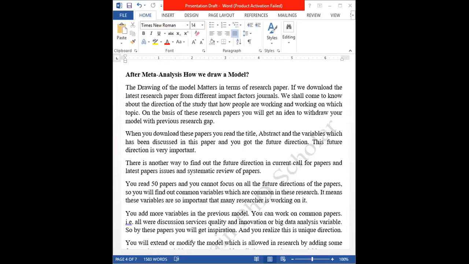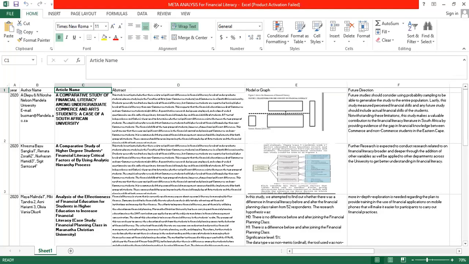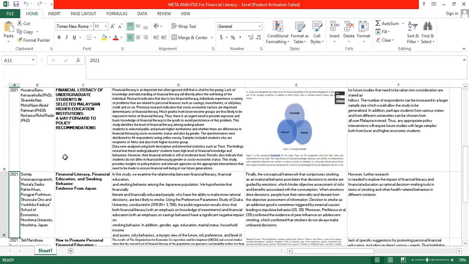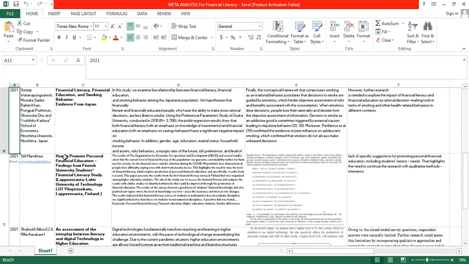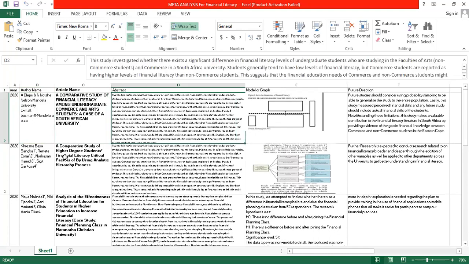Here you can see this is a file of meta-analysis in which you can see here is year, in which year this paper was published, and here you can see a long list of variables like in 2020, 2021. Here more papers are below. As you can see, these are latest papers, and here author names. As I have drawn my meta-analysis in Excel, and this is article names, and this is abstract as well.